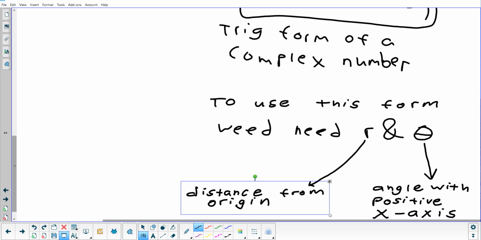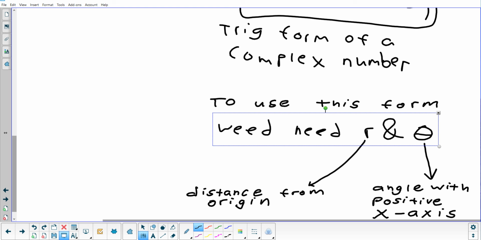Now, the other thing you need is theta. Let's just make up a point: 3 plus 2i. And I want to find the angle for that point. There's 3 plus 2i.